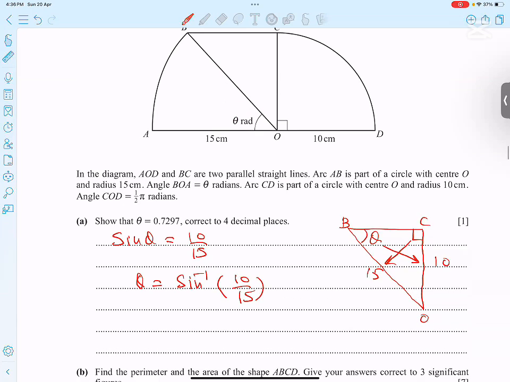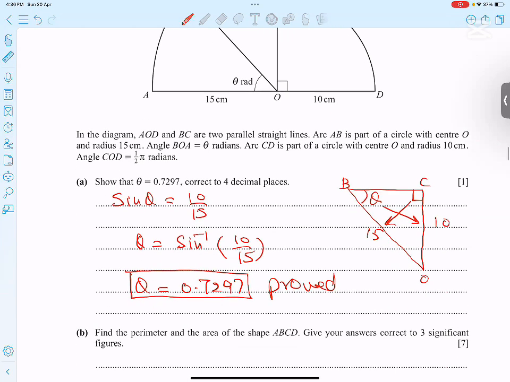We type in the calculator opposite by hypotenuse. So theta turns out to be 0.729727. But he said 4 dp, so I don't need the extra digits. I got this angle. He said prove it, so done, proved.